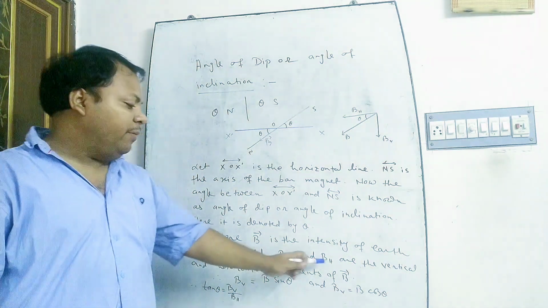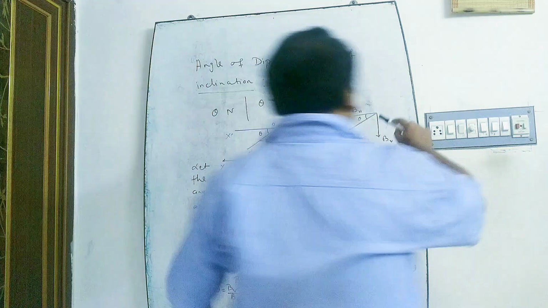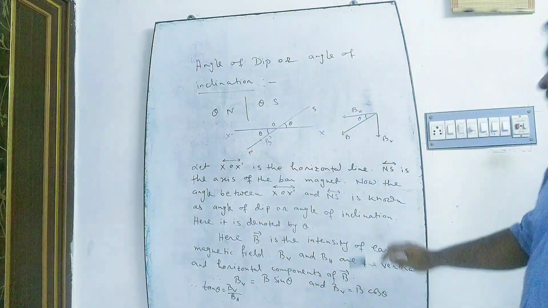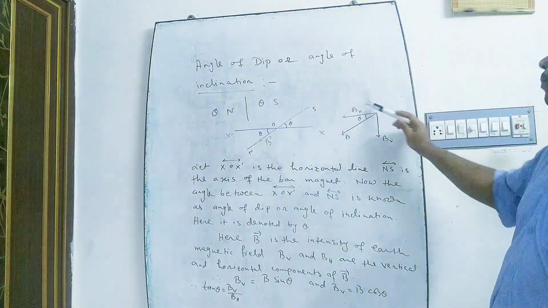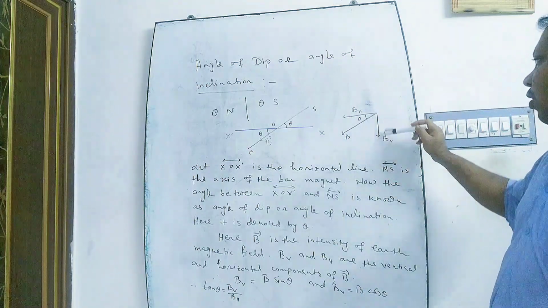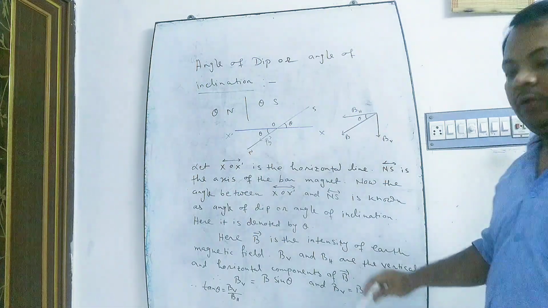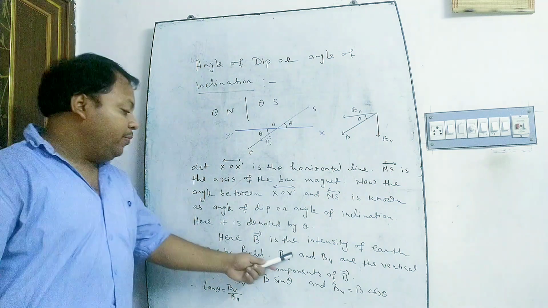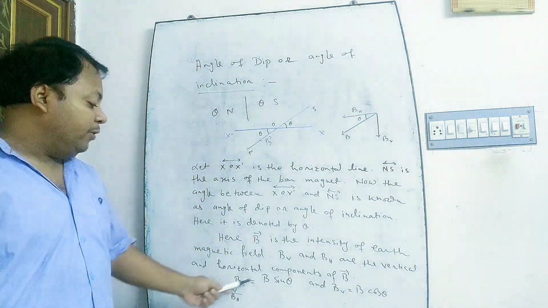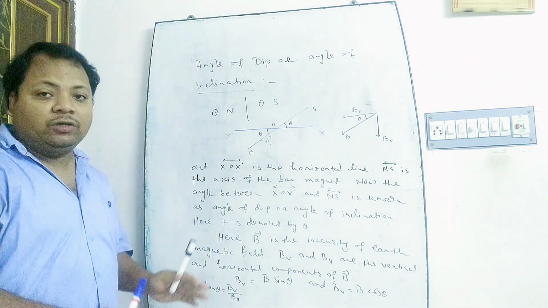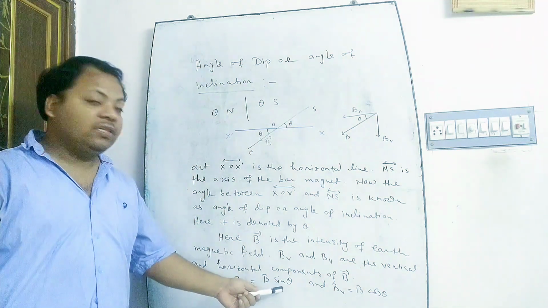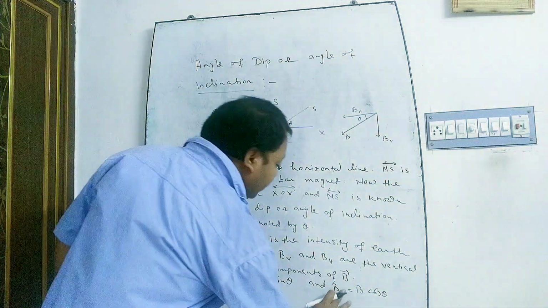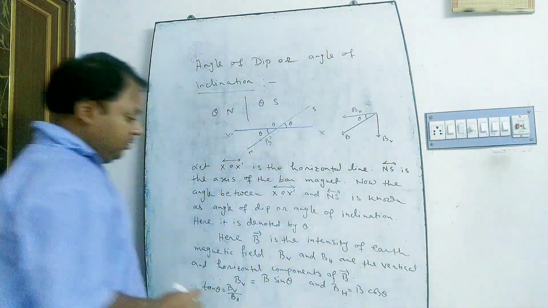Now BV and BH are the vertical and horizontal components of B. Therefore we can resolve B into two mutually perpendicular components, that is, BV is equal to B sin theta and BH is equal to B cos theta.